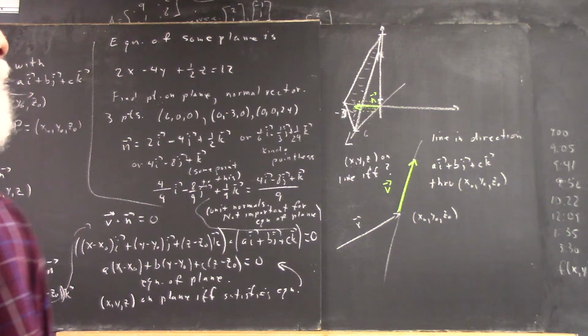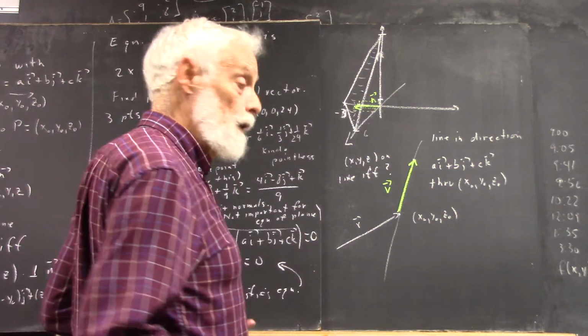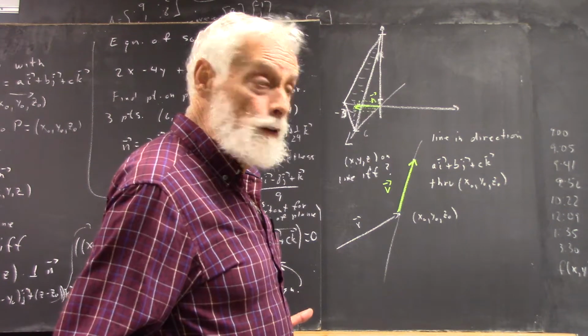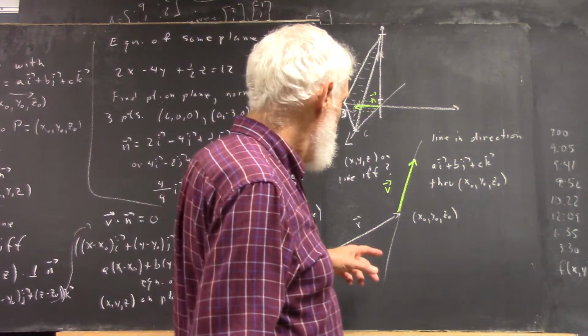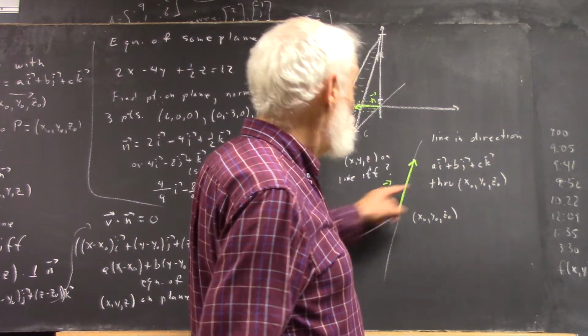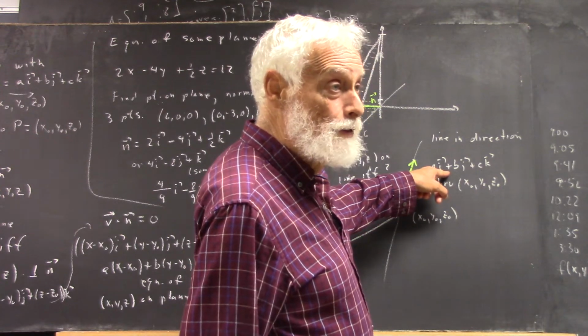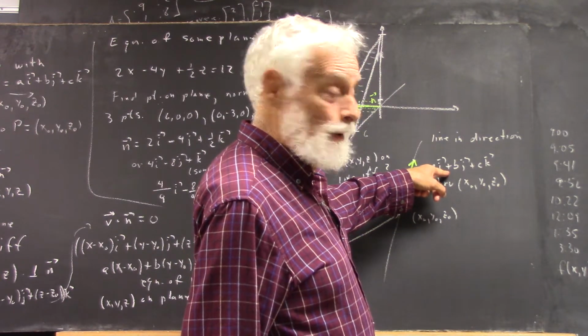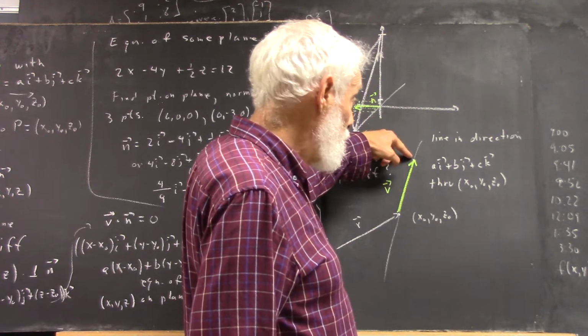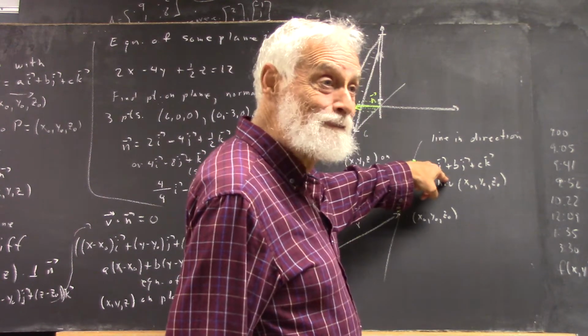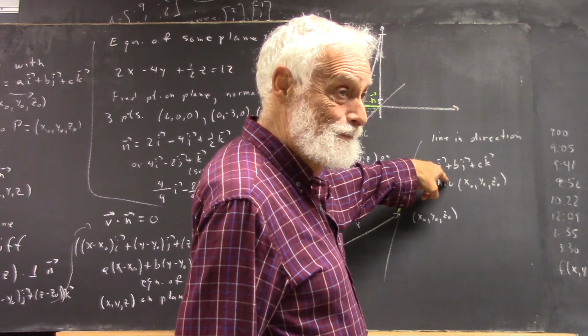Okay, there are three possible ways that I can think of right off the top of my head to express the fact that V has to be in the same direction as AI plus BJ plus CK. If V isn't in this direction, this point is not on a line in this direction, right?